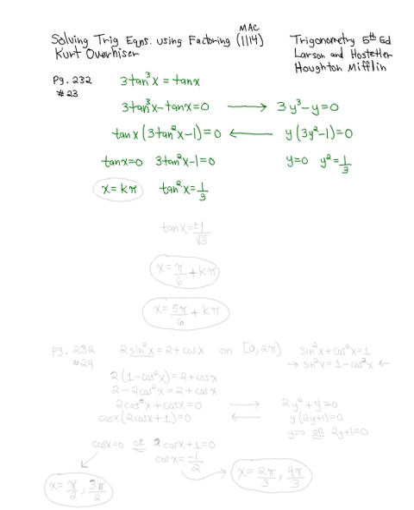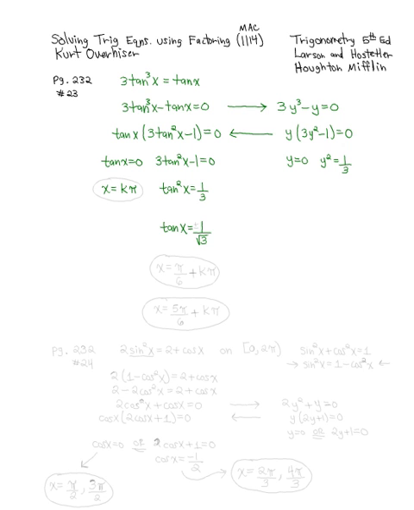And then if you square root both sides, you get tangent of x is equal to 1 divided by the square root of 3.